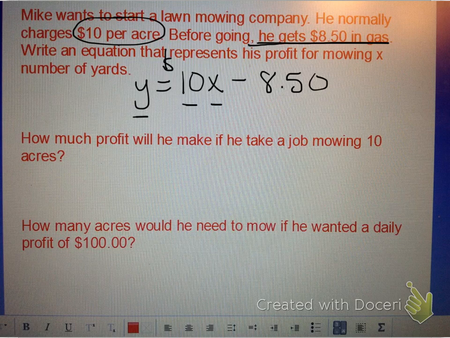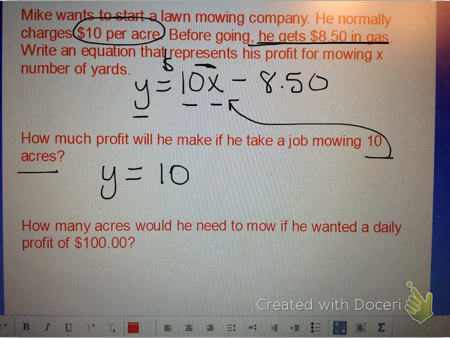So it says, how much profit will he make if he takes a job mowing 10 acres? Okay, so he's going to mow 10 acres. So was 10 acres his profit or X? I'm going to say that it's $10 per acre, so that lets me know that that's X. So if he mows $10 per acre, subtract the $8.50, then I can go right in here and put, okay, so he's going to mow 10 acres.